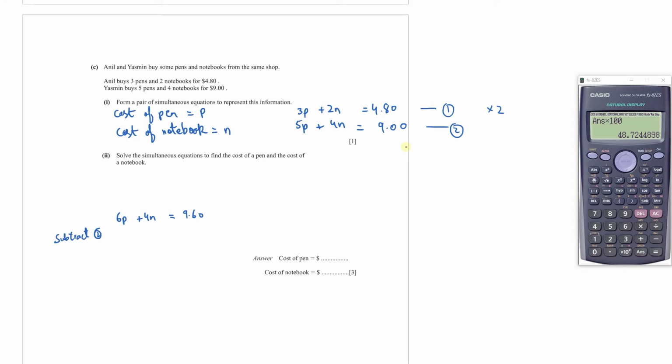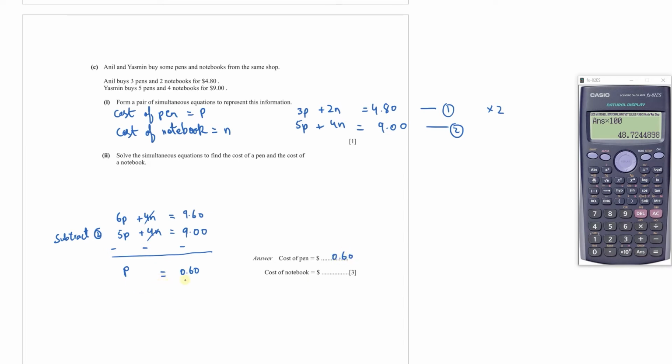Your equation 2 is 5P plus 4N equals 9.00. If I have to subtract, I'll change the signs. 6P minus 5P will be P. 4N minus 4N will cancel out. 9.6 minus 9 will give me 0.60. So 0.60 is actually the cost of your pen.